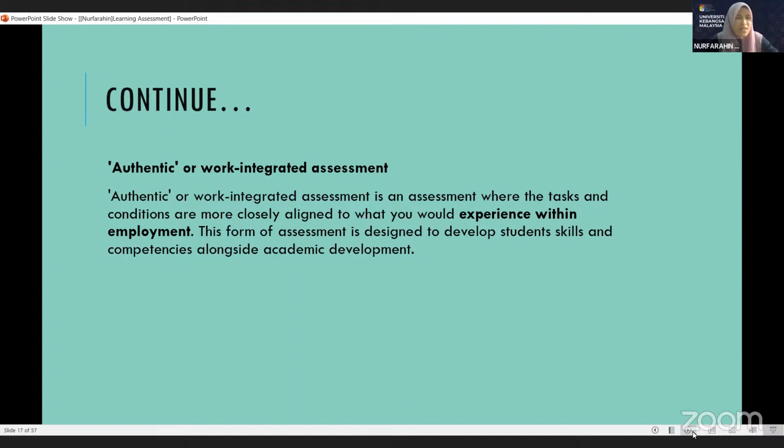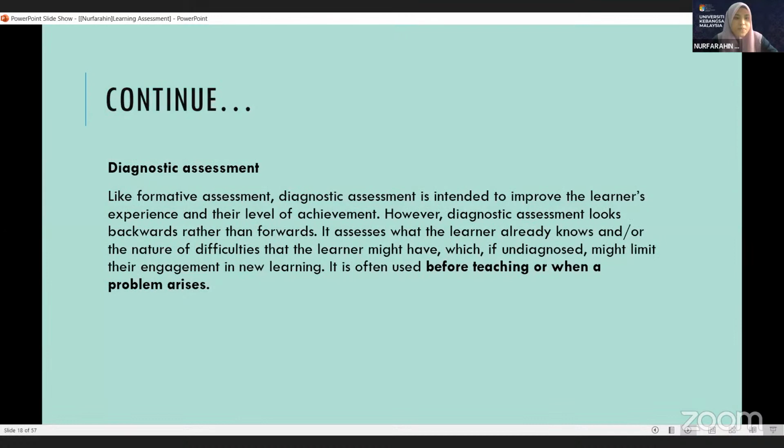So it may not be relevant to primary school students. Perhaps it's more relevant to secondary or college students. So authentic or work integrated assessment is more for that student cohort. Okay, it develops student skills and competency alongside academic development.